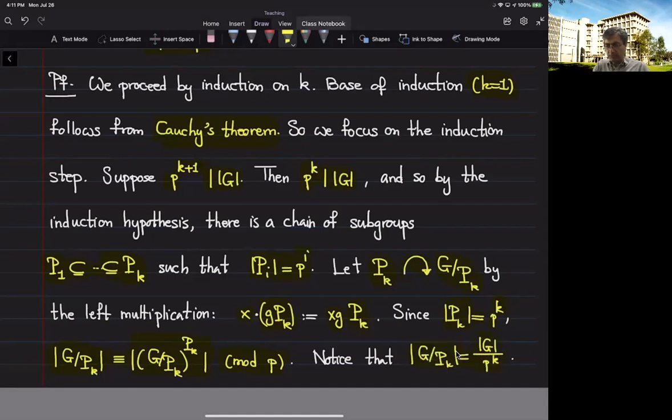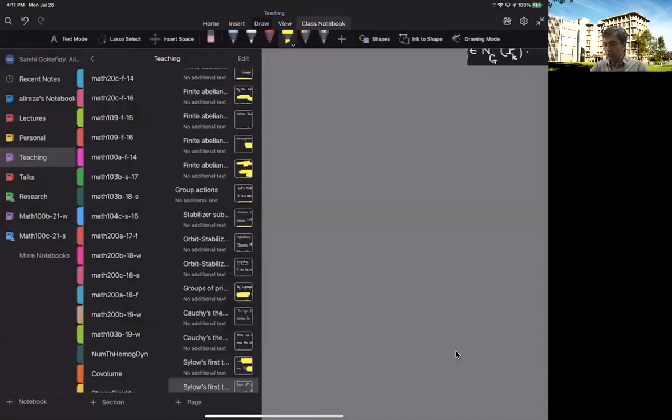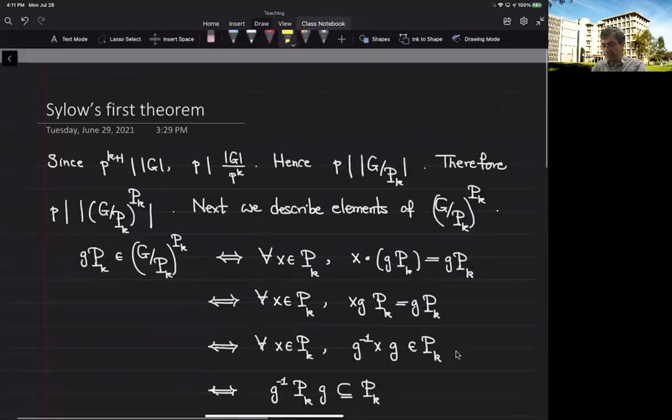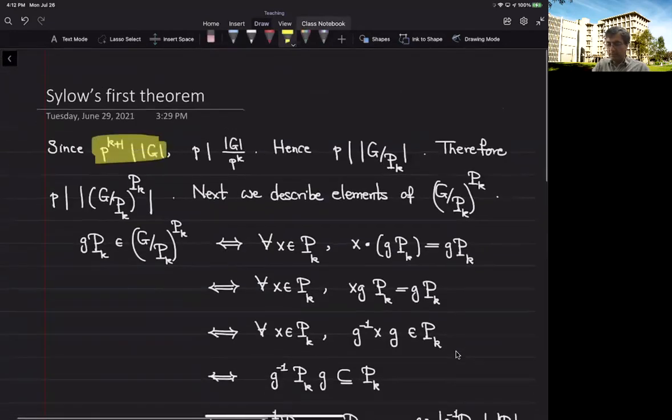Now, what is the assumption? The assumption is that p raised to power k plus 1 divides the cardinality of G. And so p divides the cardinality of G divided by p to the k. At least one prime p is left in this quotient. So p divides the cardinality of the set of left cosets.